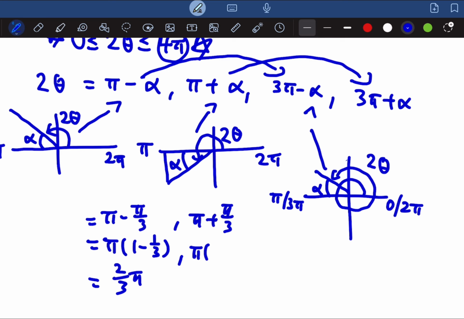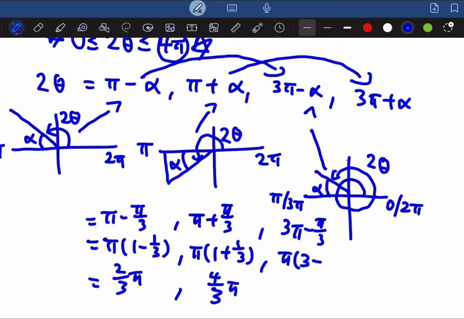Pi bracket 1 plus 1/3. Then we have 4/3 pi. And next one, 3 pi minus pi over 3. I have pi bracket 3 minus 1/3. So here will be 8/3 pi. Doing the same, 3 pi plus pi over 3. Then I have 10/3 pi.